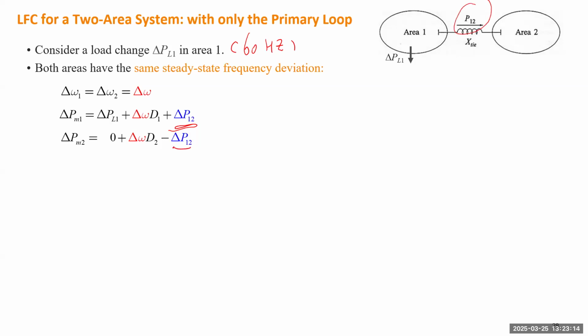But keep in mind, this one is basically equal to delta P21. If you want to make the formula easier to remember, you need to swap the 1 and the 2. Then the 2 formulas will become fully symmetric. Okay. So next we can do one step.